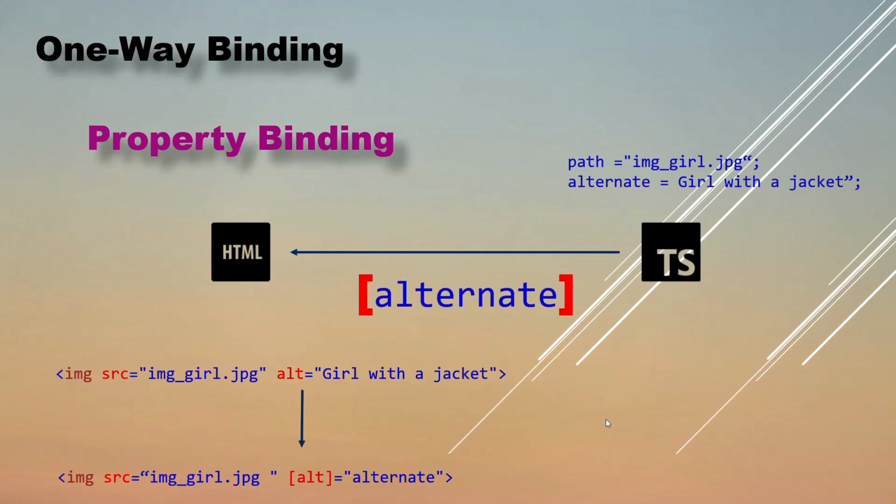What will the browser do? The compiler will check this bracket, and if it is a square bracket, then whatever we have written next, that variable, the compiler will check in the TS file. So this is called property binding.